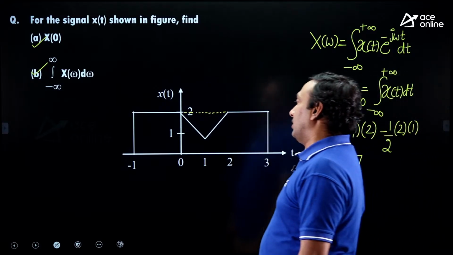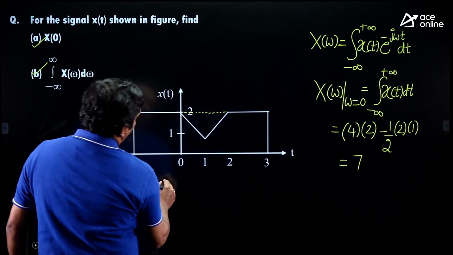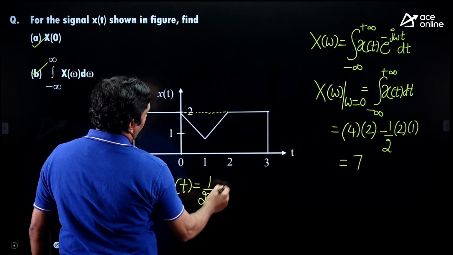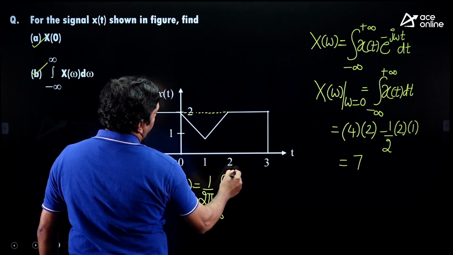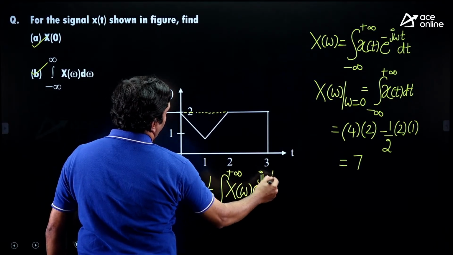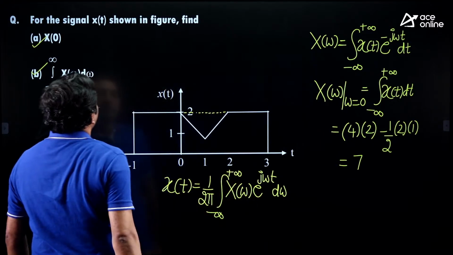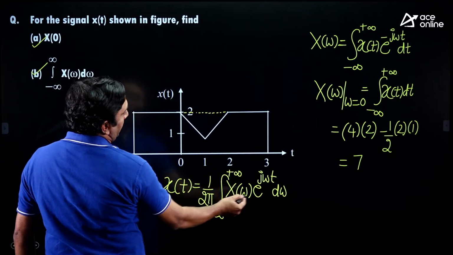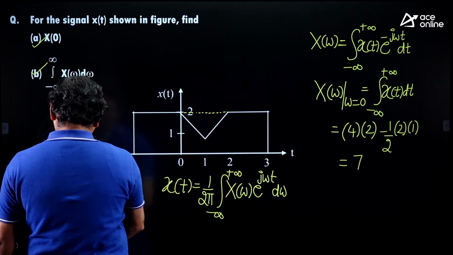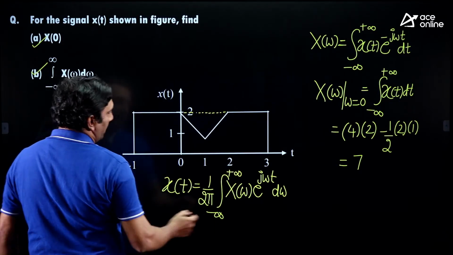The second bit, of course, is linked to the inverse Fourier transform definition. What is the inverse Fourier definition? x of t equals 1 over 2 pi integral x of omega e power j omega t d omega. As we want area under the spectrum, integral x of omega d omega, our target is making this exponential 1.